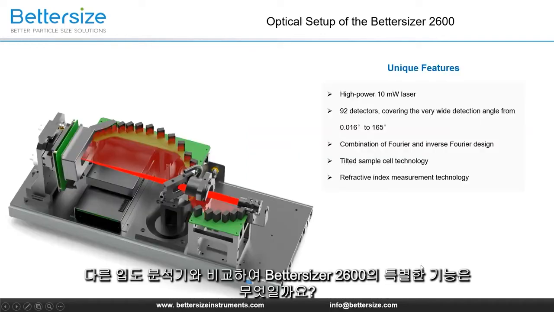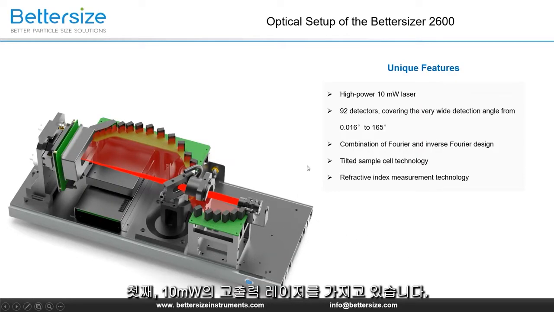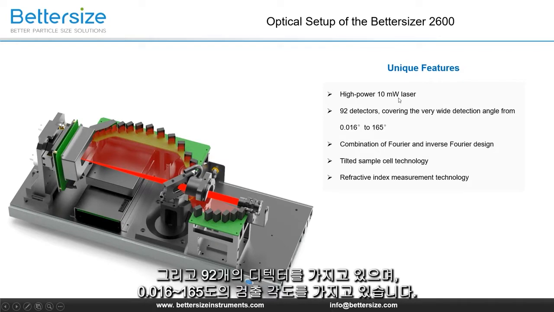What are the unique features of the Bettersizer 2600 against other particle size analyzers? First, it has a high-power 10 mW laser, and it has 92 detectors, which covers a detection angle from 0.016 to 165 degrees.